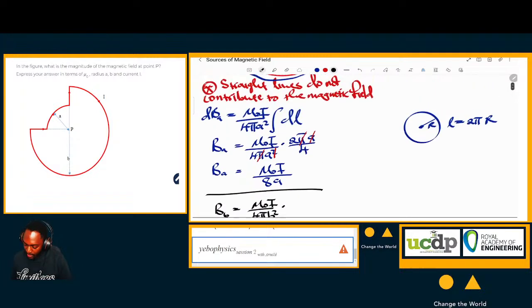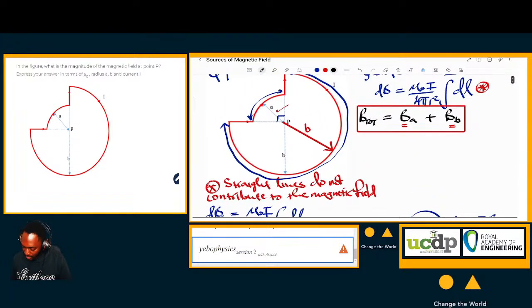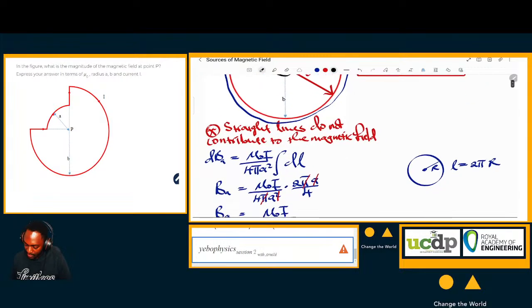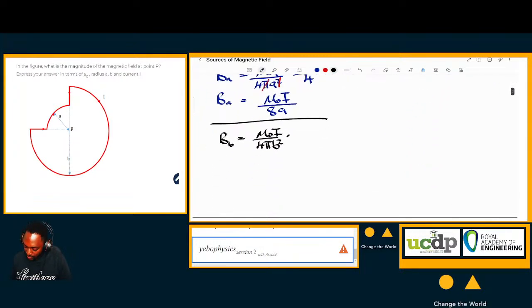This time you can realize that this is actually 3/4 of a circle, which means we've gone 270 degrees, and that is 3/4 of the circle. So that is going to be 3/4 of 2 pi b. Again, we cancel like terms.